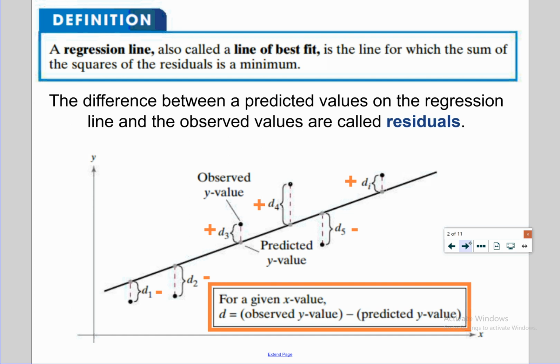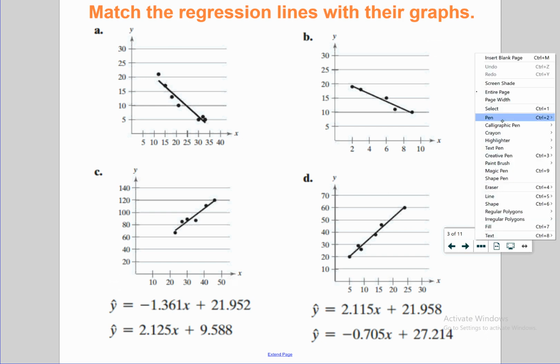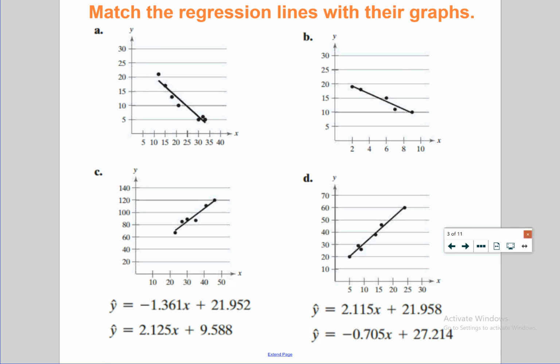Okay, next thing that we have to review with regression lines is stuff from Algebra 1. Lines of best fit. We talk about slopes and y-intercepts, so you have to be able to recognize those. I'm going to number these at the bottom, 1, 2, 3, and 4.